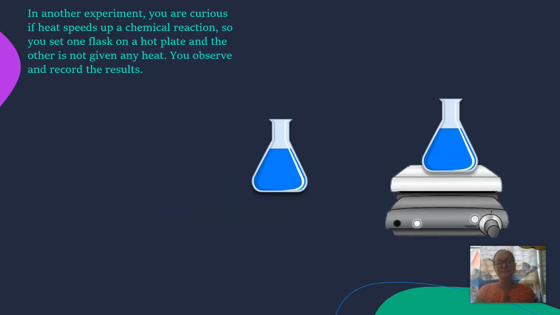So let's look at some examples. Let's say in another experiment, you are curious about whether or not heat increases the speed of a chemical reaction. So you set one flask on a hot plate and the other is not given any heat. And then you observe and record the results.